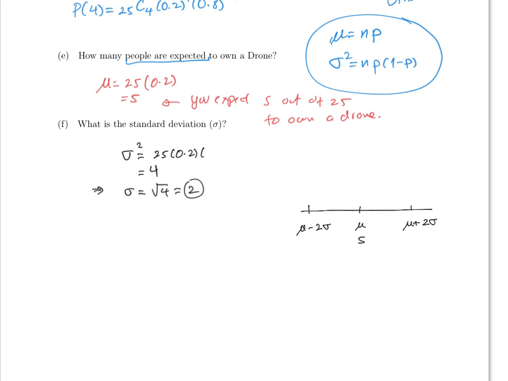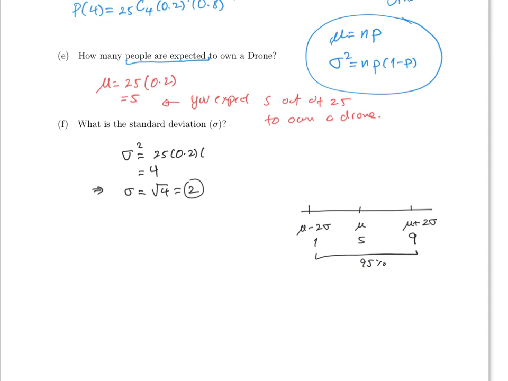How much is 5 plus 2 and 2? 7, and then one more, it will be 9, right? And then how much is 5 minus 4? It will be 1. So what this means is that even though you expect 5 people to own a drone, 95% of the time, you're going to find between 1 and 9 people own a drone, which is a huge interval, but that's what it is, because the sample is only 25, so it's not that big.